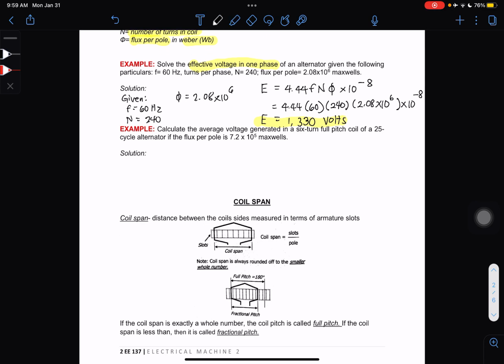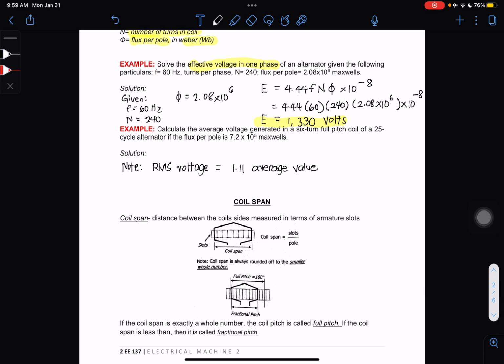So let's have another example to understand more. Calculate the average voltage generated in a 6-turn full pitch coil of a 25-cycle alternator if the flux per pole is 7.2 times 10 raised to 5 Maxwell. So first, take note that in your Machine 1, the RMS voltage with 1.11 is the equivalent of the average value.